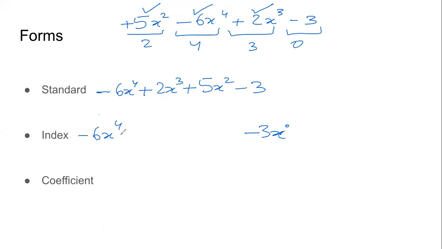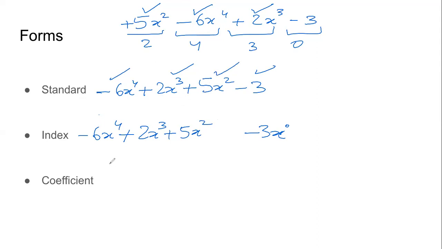So after minus 6x to the power 4, we can write plus 2x cubed. This is done. This is also done. After power of 3, we will write the power 2. So we will write the term 5x square. I hope this is making sense. Now something is missing.